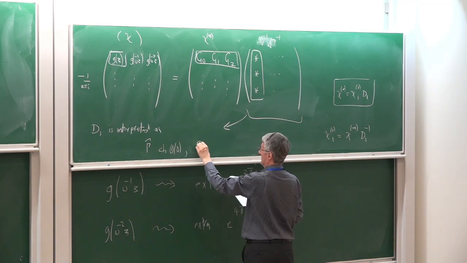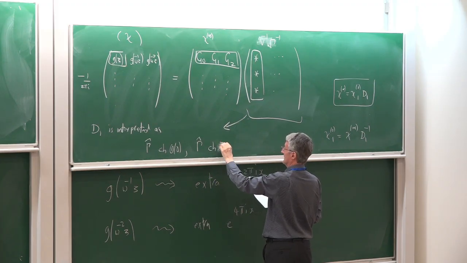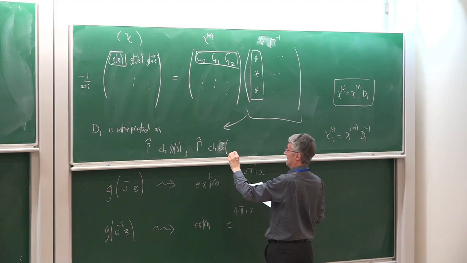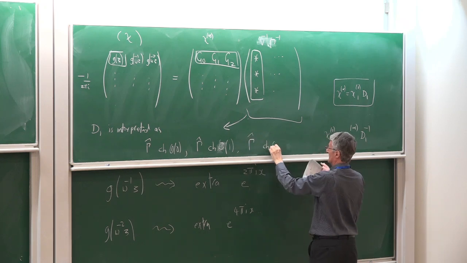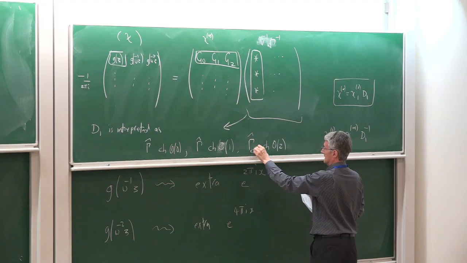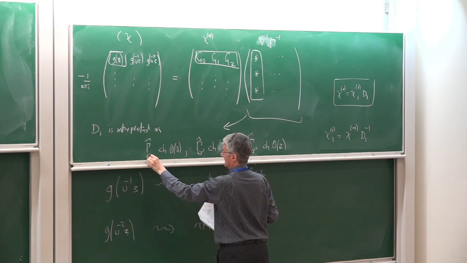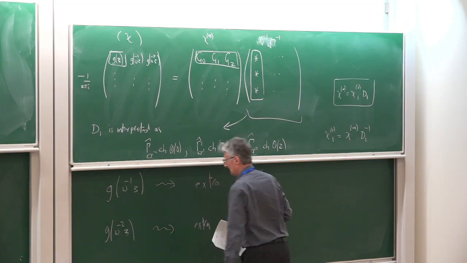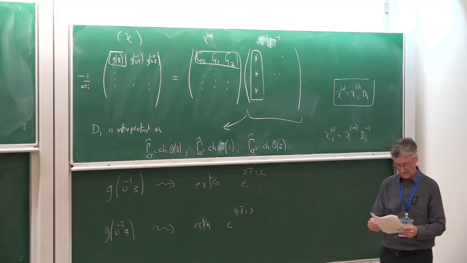And then the second column is the gamma class times the Chern character of O(1), and then the gamma class times the Chern character of O(2). So this is, of course, the CP2 gamma class, which I defined last time. So that's kind of nice. So we got the rest of the matrix for free, basically.